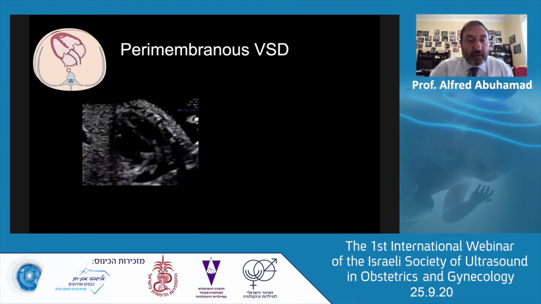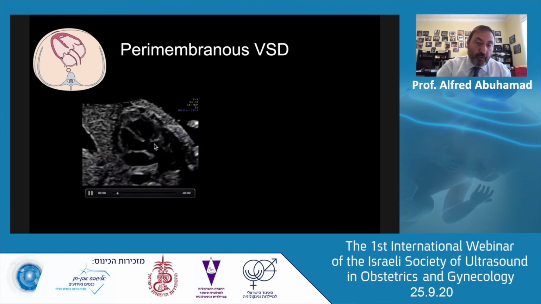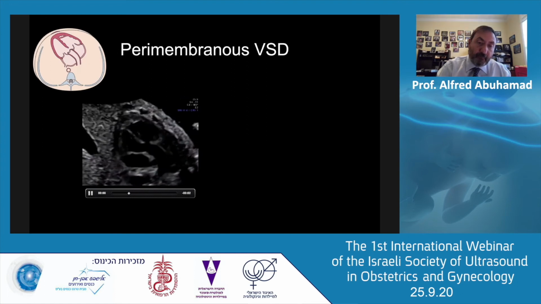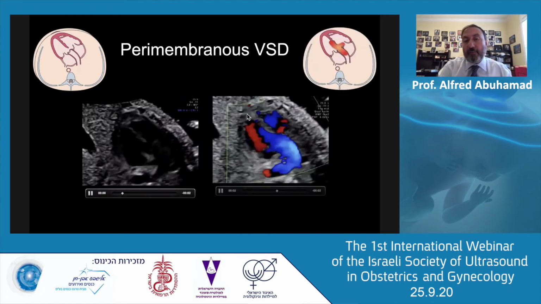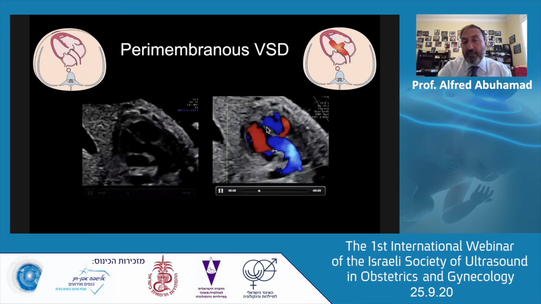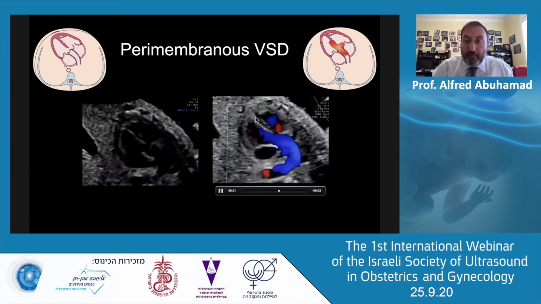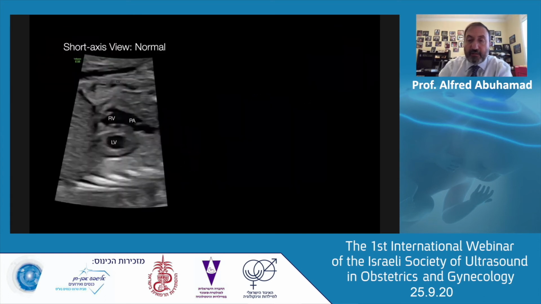Again, this is on grayscale here, showing you a suspected VSD here, but the aorta appears to be totally within the left ventricle, and also the angle will be a little bit preserved. And when you add color Doppler, again, you see that the angle is preserved here, telling me this is not an overriding aorta, but rather a perimembranous ventricular septal defect.